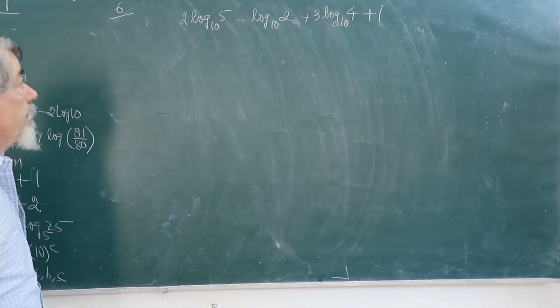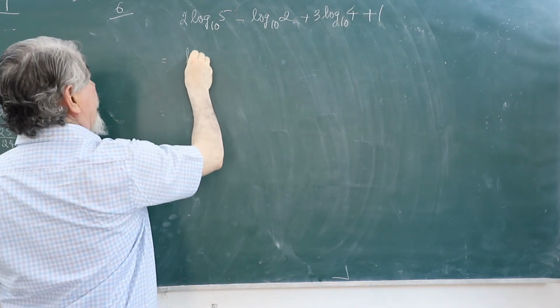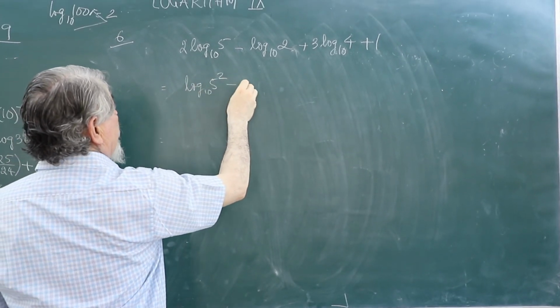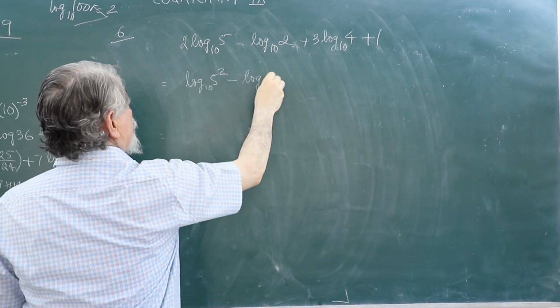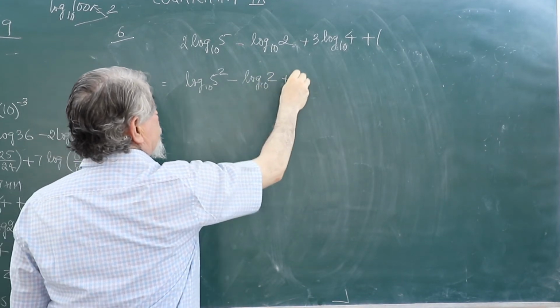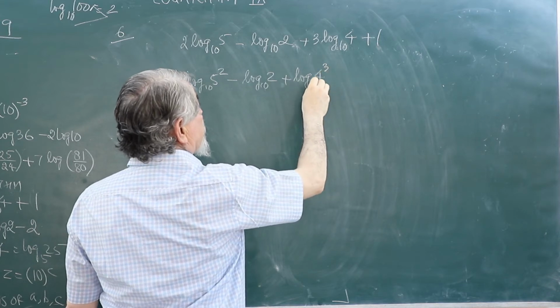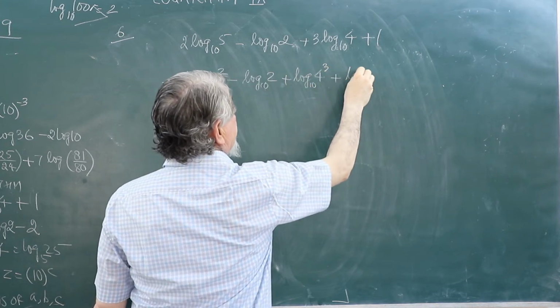Plus 1. So it will be log 5 to the power 2 to the base 10 minus log 2 to the base 10 plus log 4 to the power 3 to the base 10 plus log 10 to the base 10.